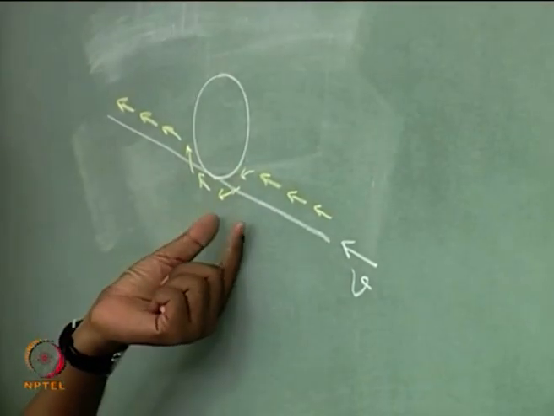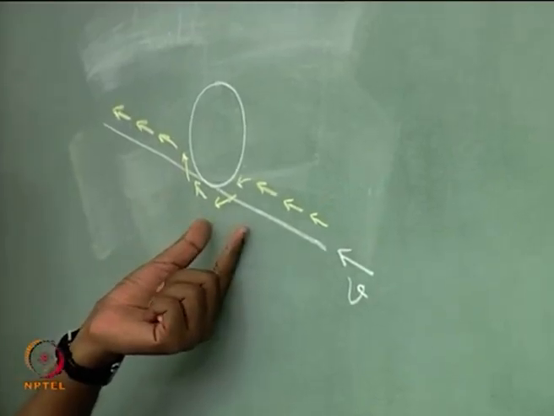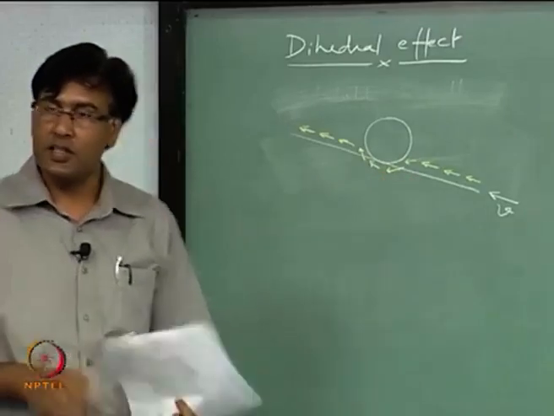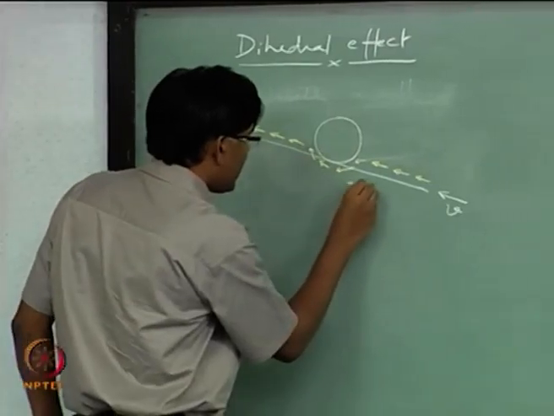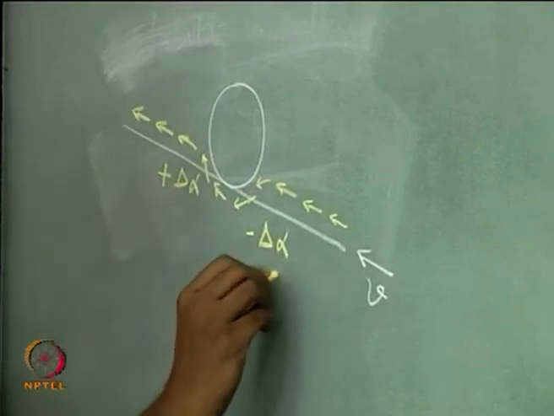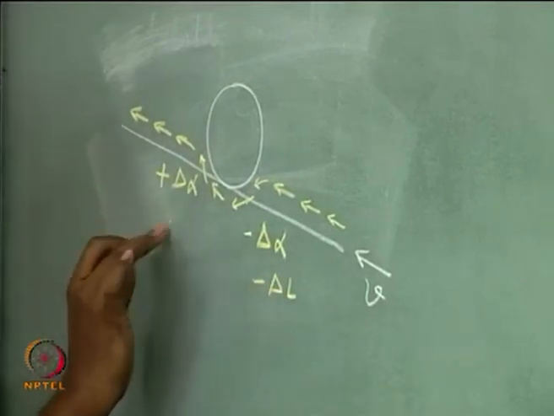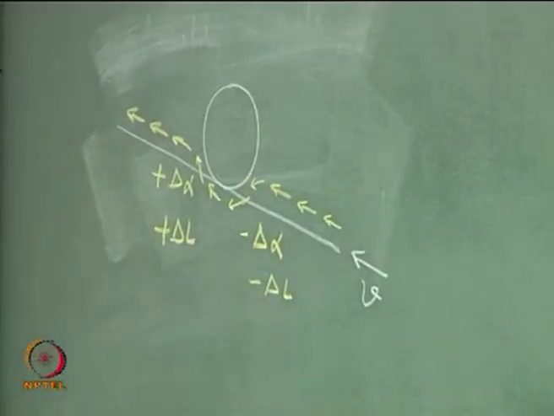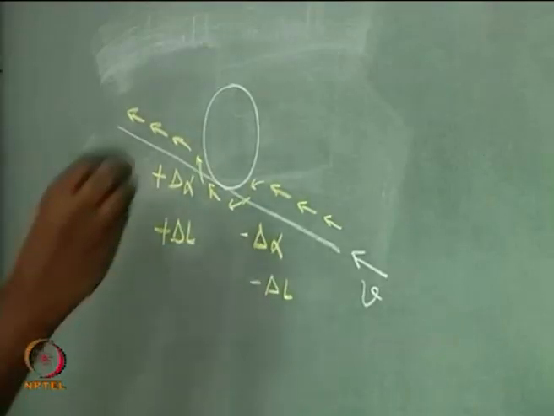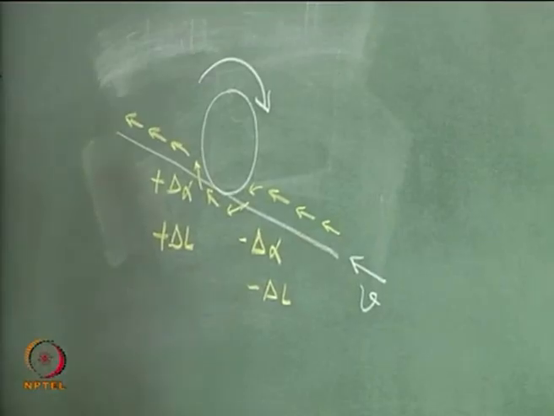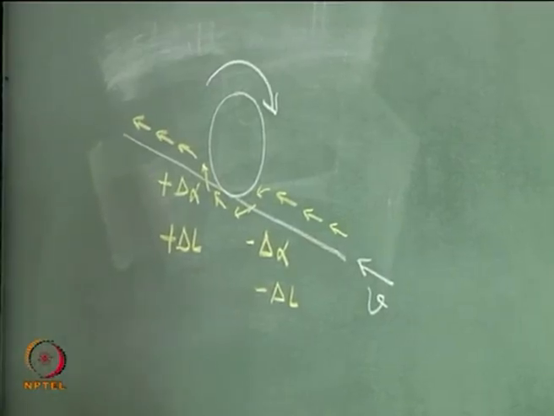Here there is a decrease in angle of attack, right, on this side very close to the fuselage, and the moment is a positive roll moment, right, because of this. So, it is going to roll further, right.